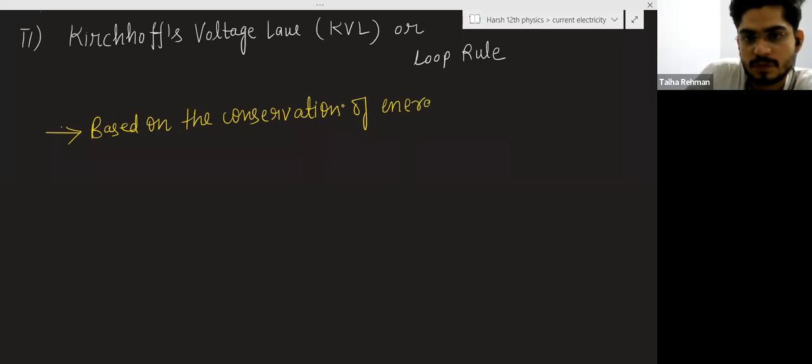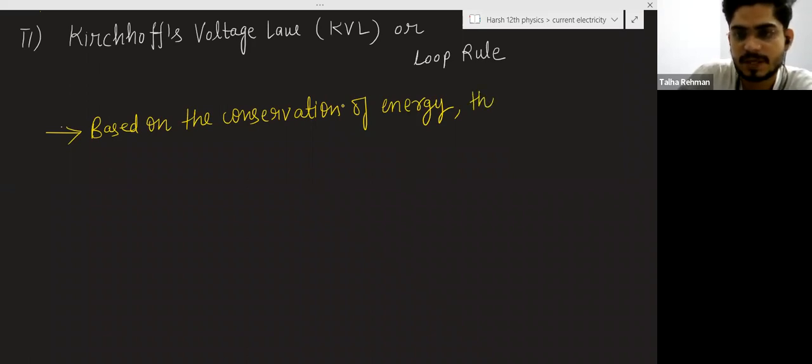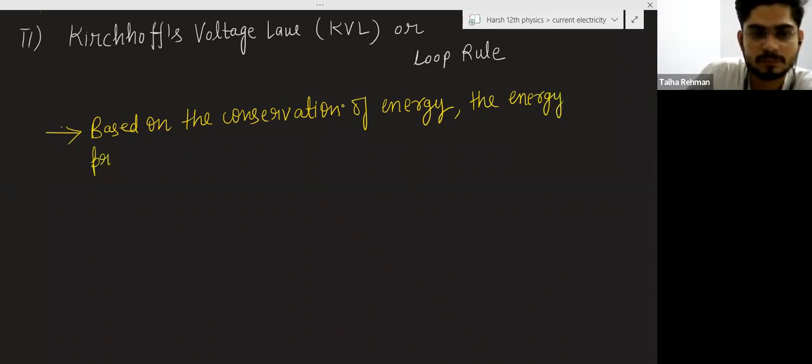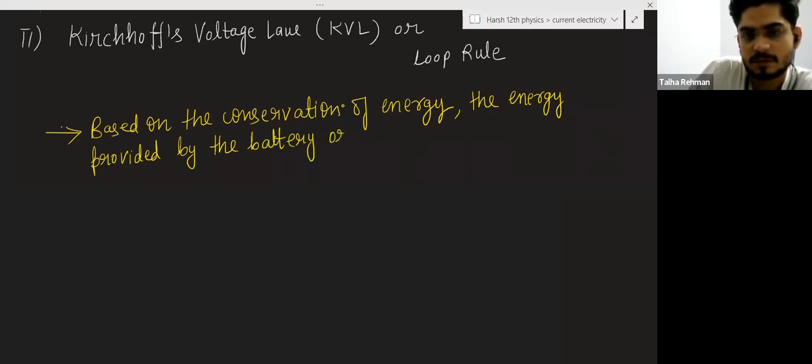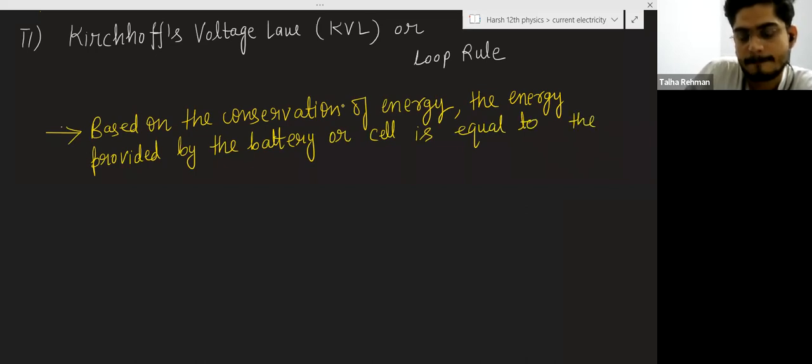So you can say the energy provided by the battery or cell is equal to the energy gained by the resistor.